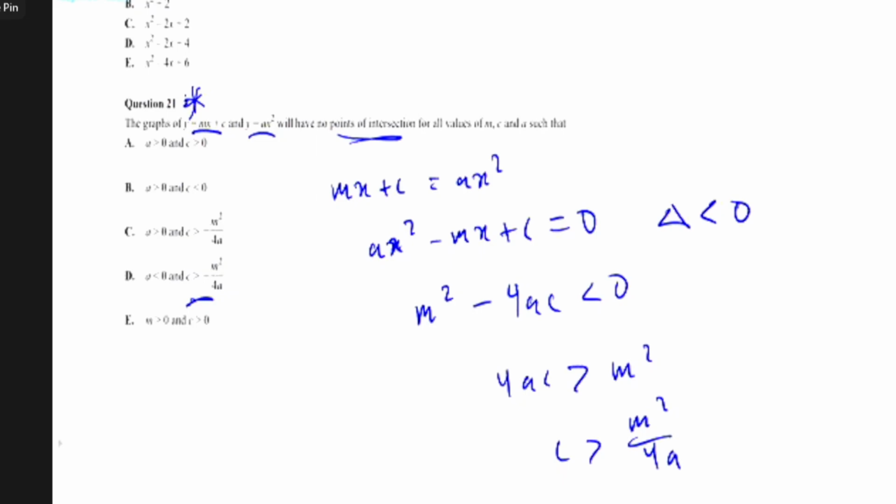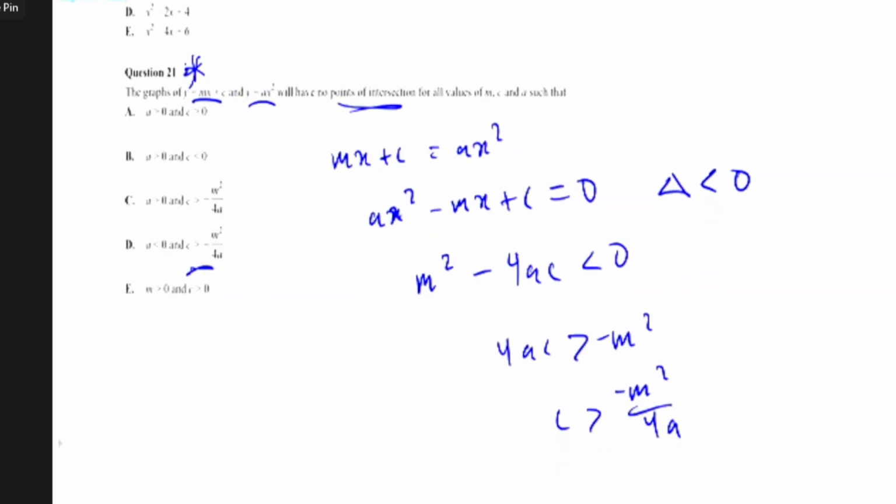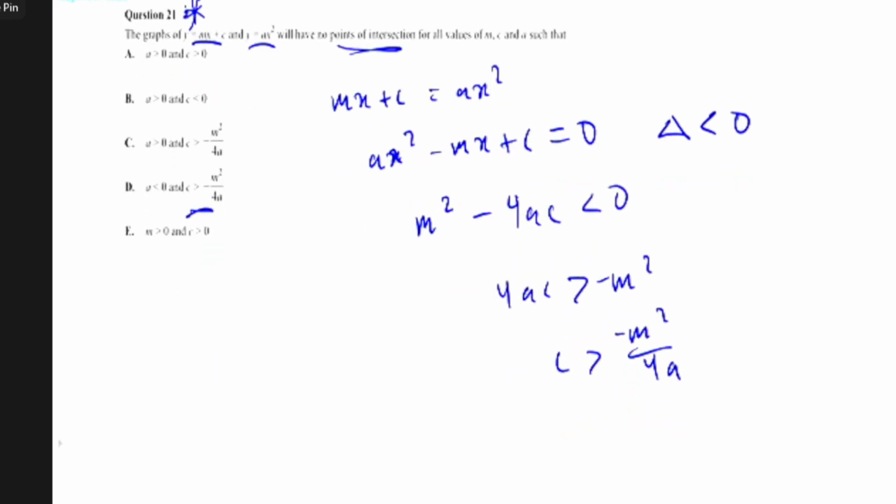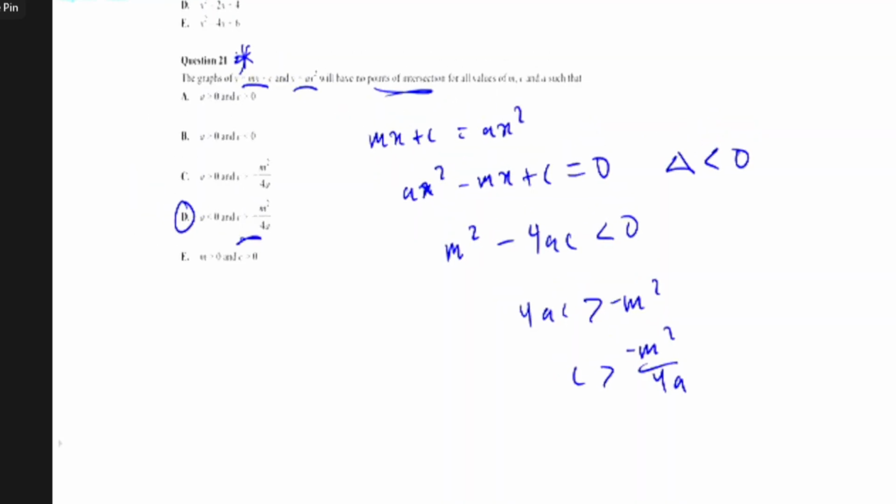And when c is greater than, sorry, that should be negative. So when c is greater than minus m squared on 4a, I think the only option you can get by the answers is when a is less than 0. I think there's a way to show this graphically.